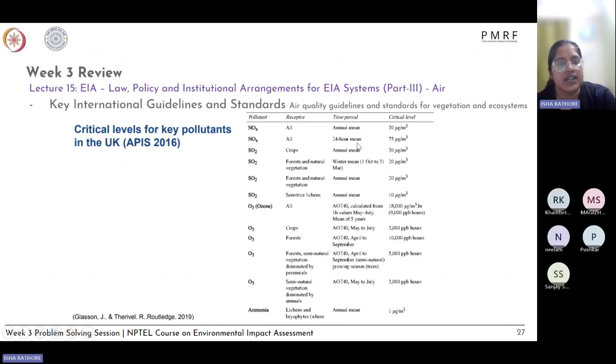So different kinds of standards are available. Now this is for vegetation and ecosystems. They define the receptors on which the standard applies, and the time period for which they are mentioned.